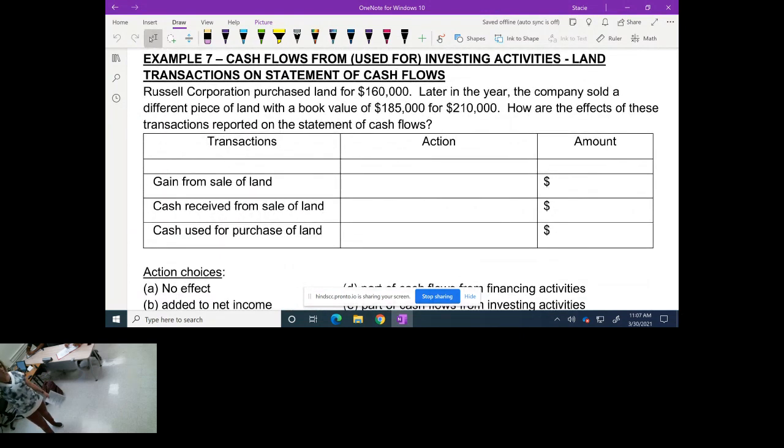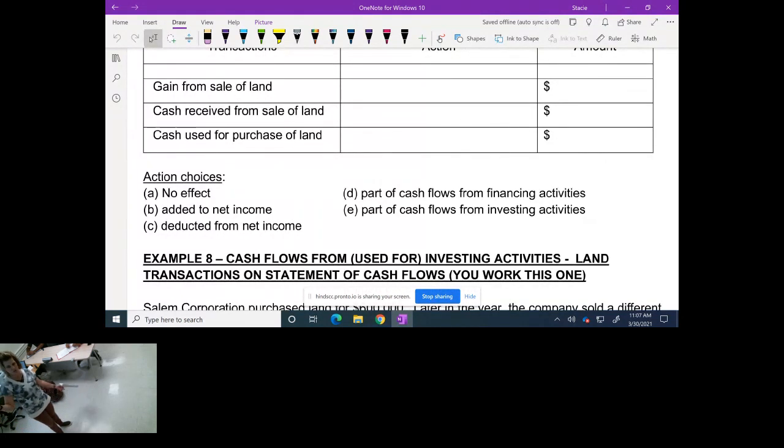Okay, so your homework is going to look like this. You're going to have a drop down for action, and I've got you A through E on here to choose from. I couldn't figure out why you have only cash flows from investing and not used for, and then this one was finance. I thought maybe I wrote it down wrong, so I went and looked at it.